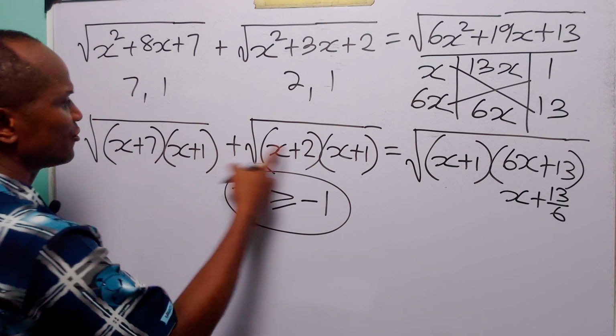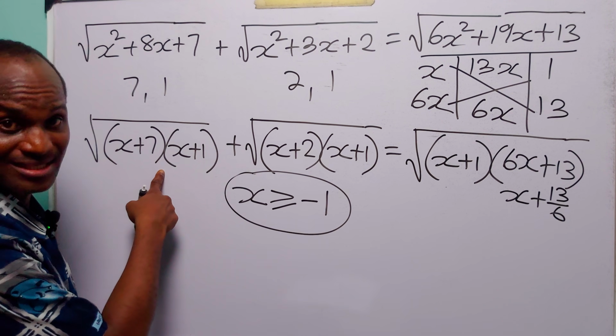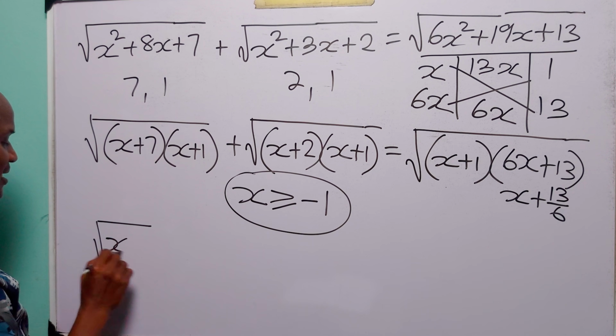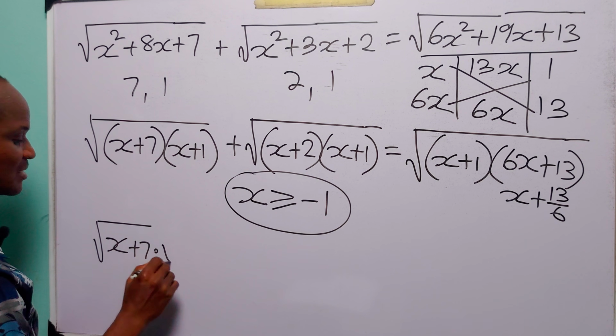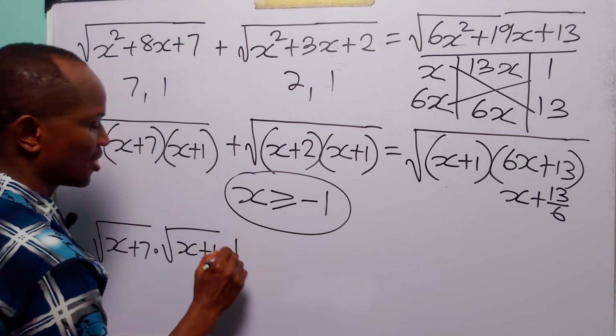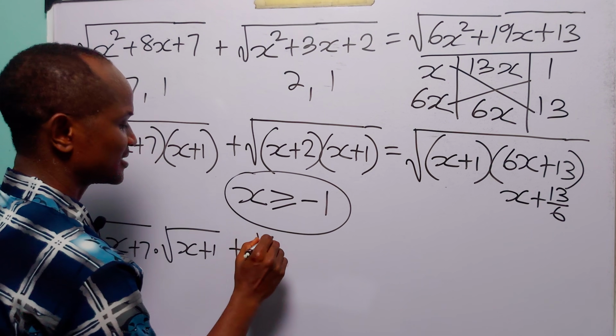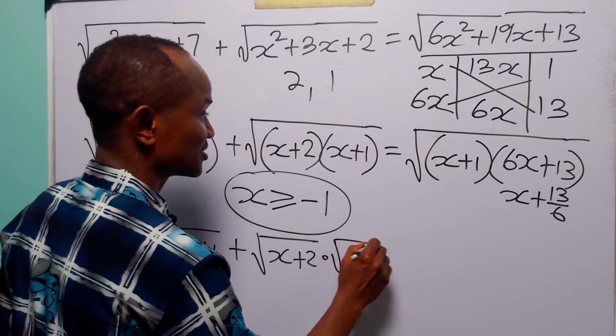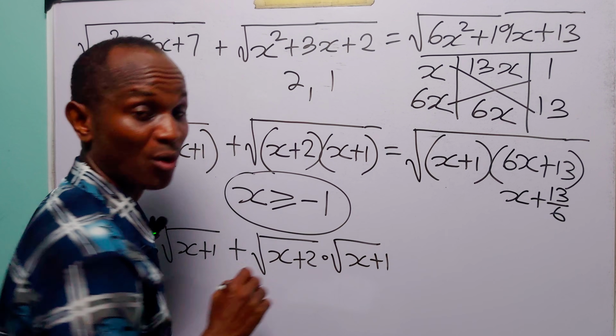Now, of course, from our rule of surds, you know that we can write this as the square root of x plus 7 multiplied by the square root of x plus 1. We can write this as the square root of x plus 2 multiplied by the square root of x plus 1.